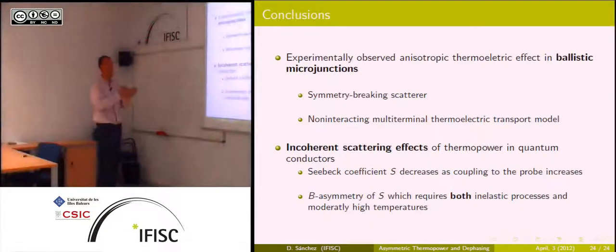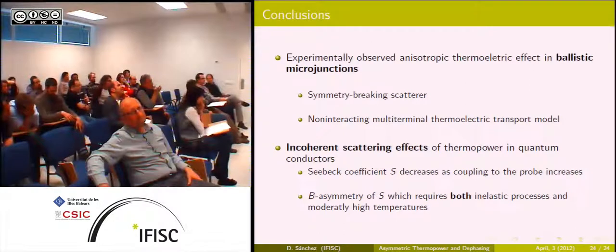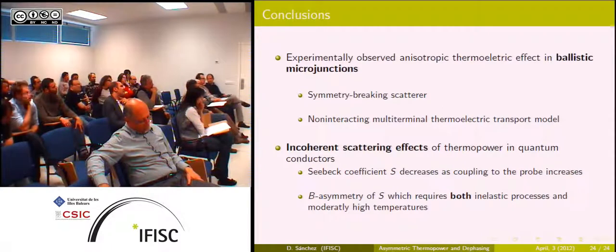Maybe I should put intermediate temperatures. Yes, no problem, consistent. You don't specify the temperature in the conductor, you specify the temperature in the reservoirs, so it can be as high as you want.